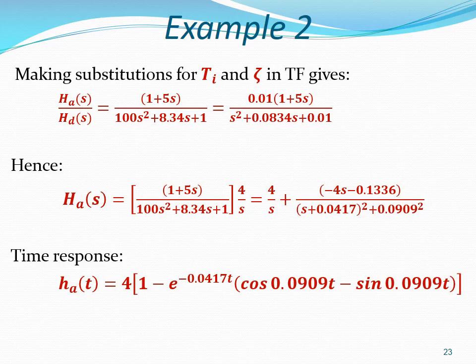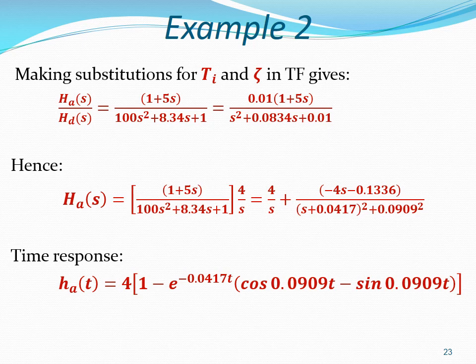To obtain an expression for the time response of the system, we make substitutions for all known quantities in the expression of the TF. We then equate the TF to HA(s) over Hd(s). HA(s) is the output of the system and Hd(s) is the reference input of the system, which we are told is a step input.